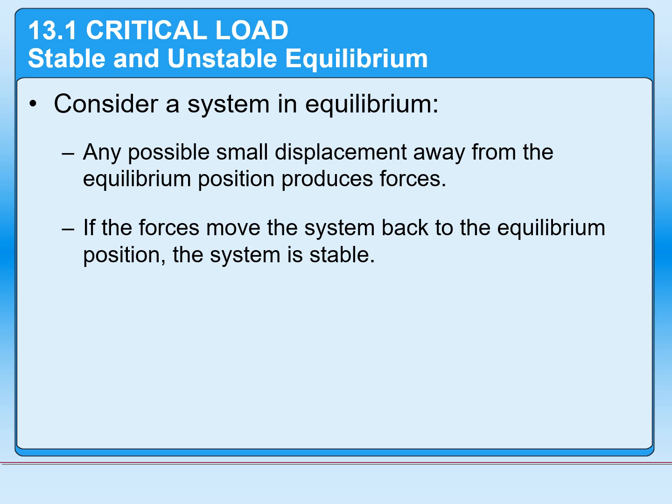If it turns out that the forces essentially correct the system, moving it back to the equilibrium position, then that system is stable. And for most of the structures that we have looked at, that generally is the case. On the other hand, if the forces do not do this, if the forces instead increase the displacement, then the system is unstable. And that's what we're going to find to be the case with columns.